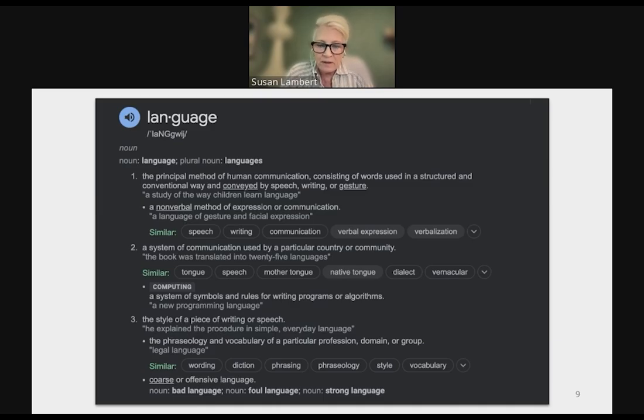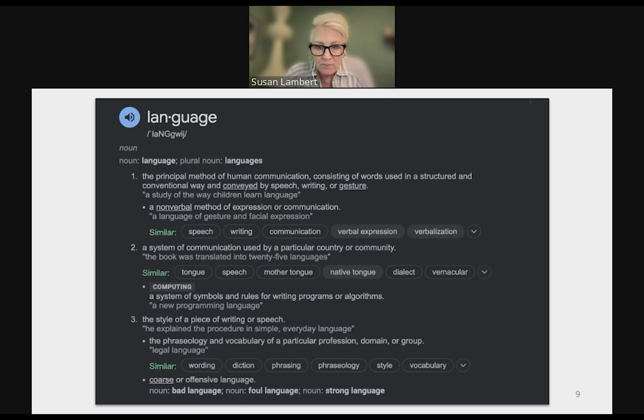You know, one of my favorite things to do, of course, is to ask Google for definitions. So this is the Google definition of language. And number 1, I think most of us said, the principal method of human communication consisting of words used in a structured and conventional way and conveyed by speech, writing, or gesture. So this idea of verbal or nonverbal. But there's other definitions here too.